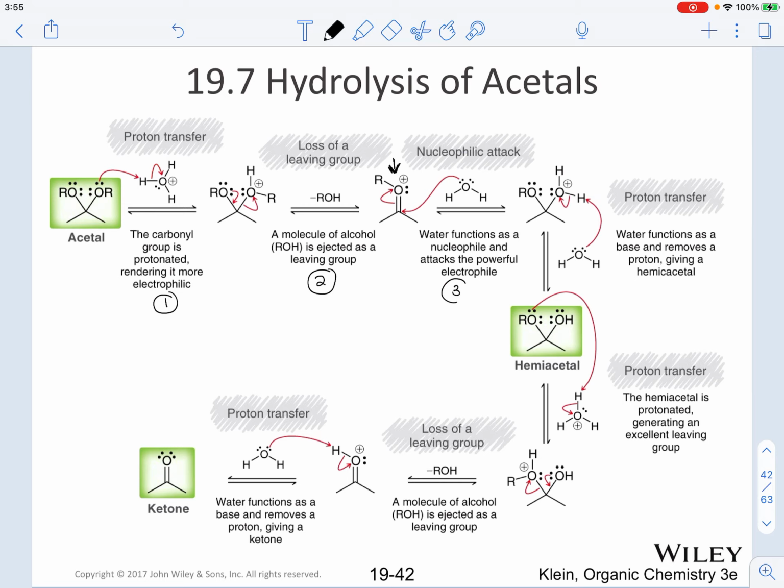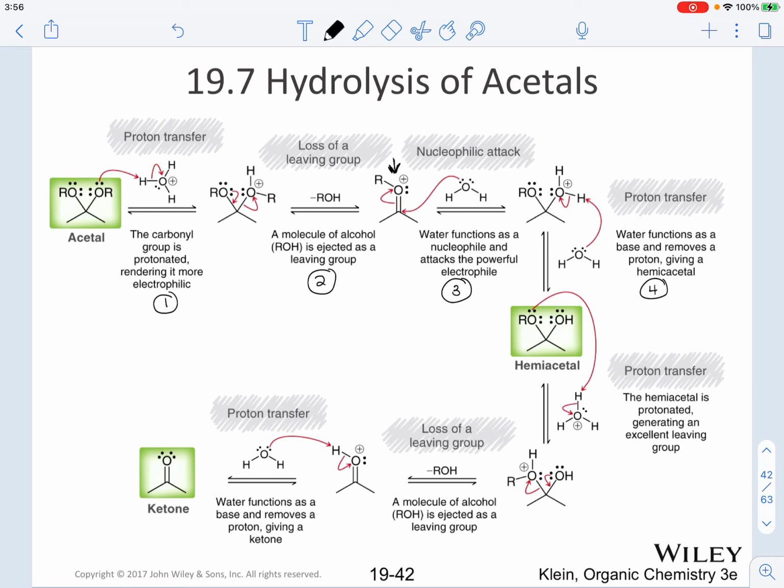So we're going to have water function as a nucleophile and attack that activated electrophile. In the next step of the reaction, as you can see, water is going to then deprotonate the water that just was incorporated in the previous step, okay? And that's going to give us a hemiacetal.